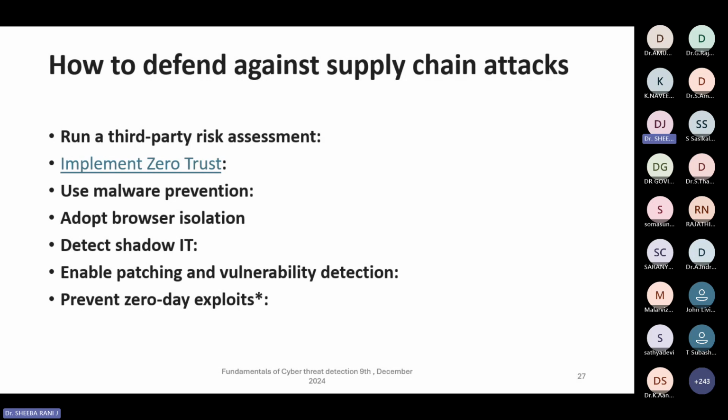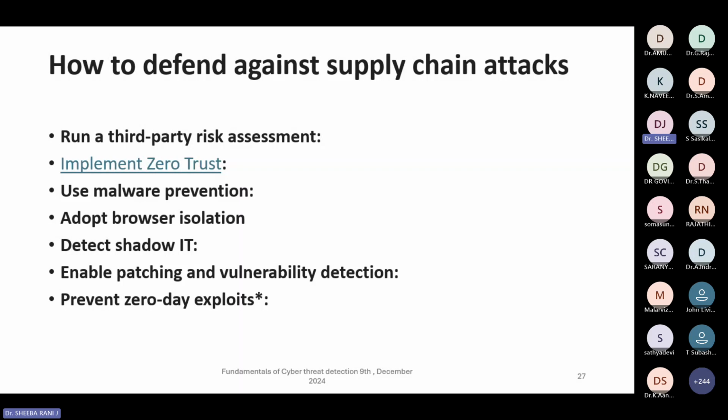Zero trust is an architecture itself, which means no one is trusted. Access is given only by verification and validation separately for each person, even though he has made this network and knows it. So implement zero trust.